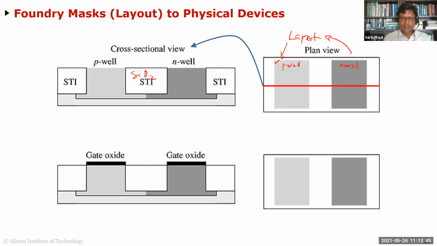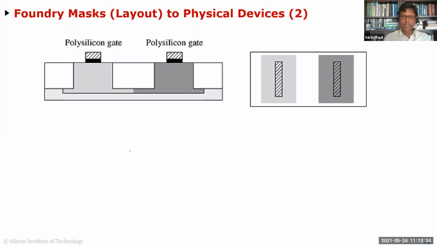Okay. And then it takes the same mask, which it did before, and it will lay the gate oxide. The thin gate oxide is done using the same patterning steps. Then it takes the next mask from your layout, which is your polysilicon, usually.